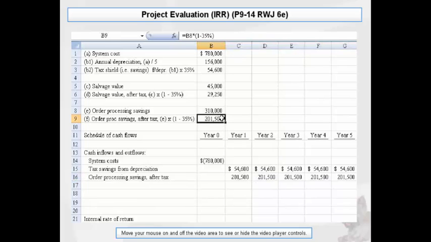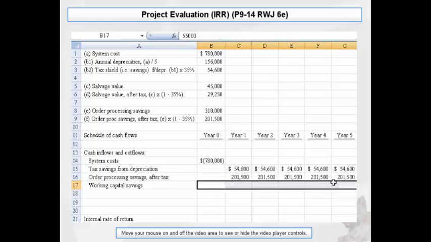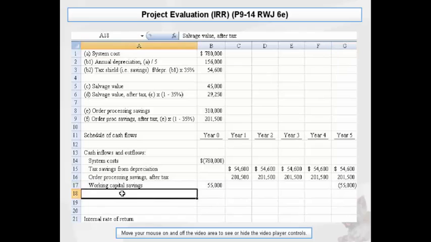We took the 310 times 1 minus 35%, so you can see it solved there. Next we have the working capital savings. We're going to save $55,000 up front, but then working capital reverts back, so we need to show a cash outflow at the end of year 5.